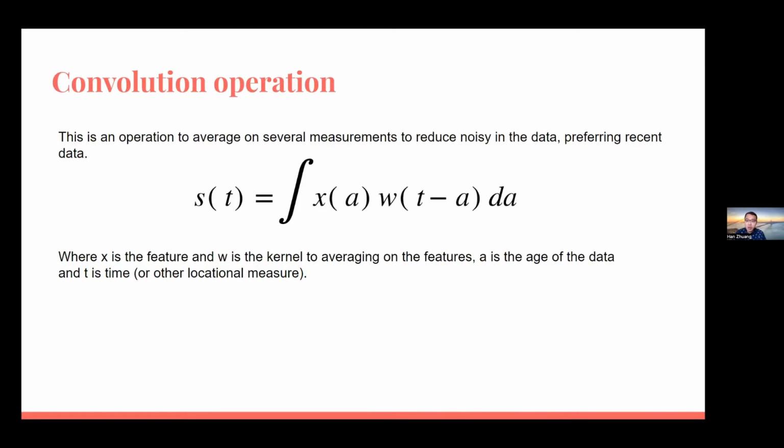We can reduce the noise to help us have a more accurate representation of the data, and we can do this summarization of data points around it, and we have the feature that is averaging on several measurements to reduce noise around the data point.